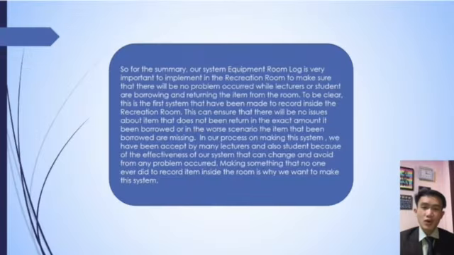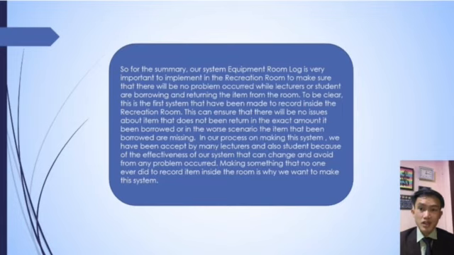For the summary, our system, the JPH Equipment Room Lock, is very important to implement in the recreation room to make sure that there will be no problem while lecturers or students are borrowing and returning items from the room. To be clear, this is the first system that has been made to record inside the recreation room.